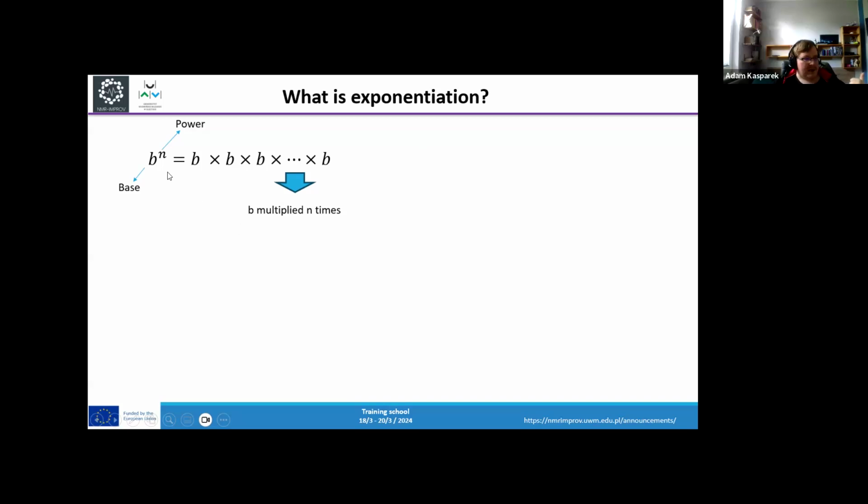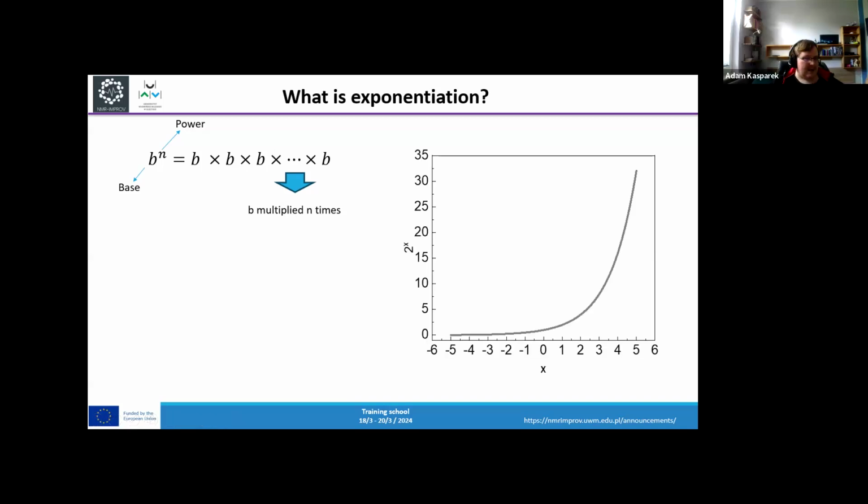If we have b to the power of 3, then we have b multiplied by b and multiplied by b. And of course, if b is positive, then the result of such multiplying will also be positive.